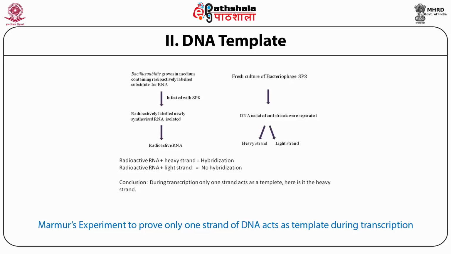Secondly, DNA from a fresh culture of SP8 was isolated and the two strands were separated into heavy and light strands of DNA respectively. The radioactively labeled RNA obtained from the infected bacterial cells was combined with the heavy strand and the light strand. Hybridization was observed with the heavy strand.